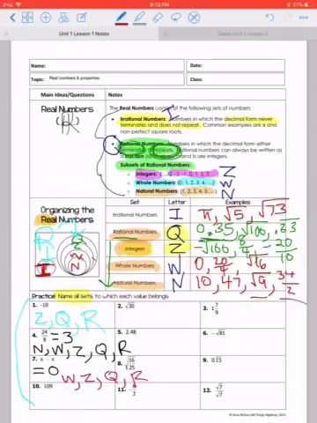Okay? Alright, and 109. Think about that for a second. And 109 should be the same thing as 4. We have natural, whole, integer, rational, real. Okay?